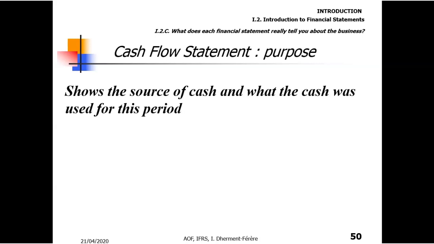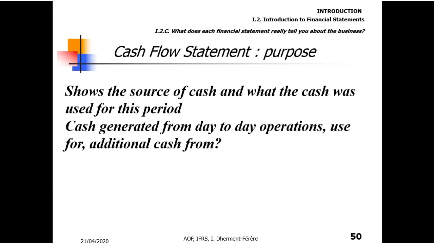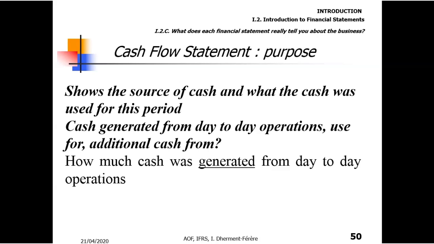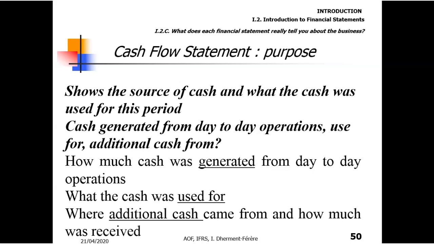It shows the source of cash and what the cash was used for this period. That is, how much cash was generated from day-to-day operations, what the cash was used for, and where additional cash came from and how much was received.